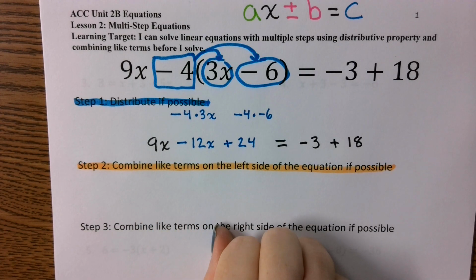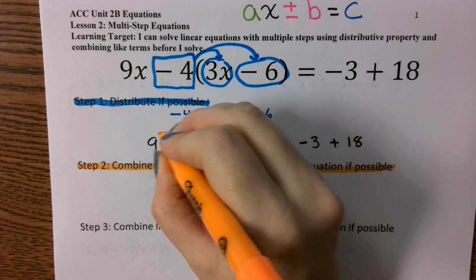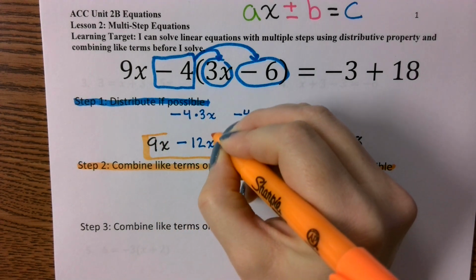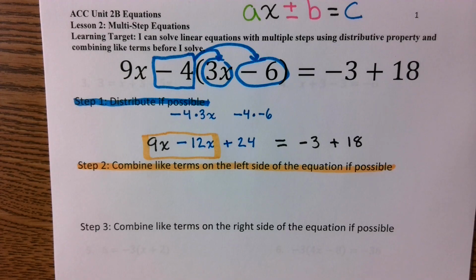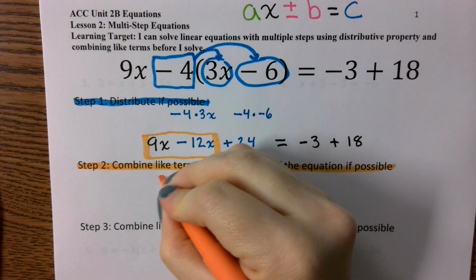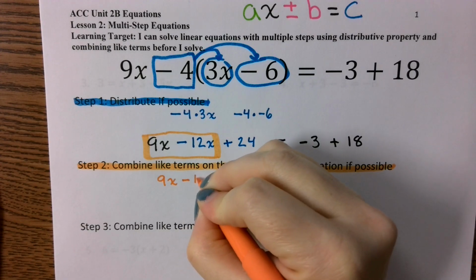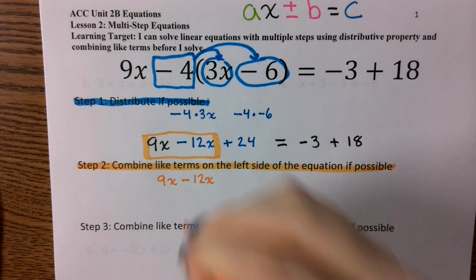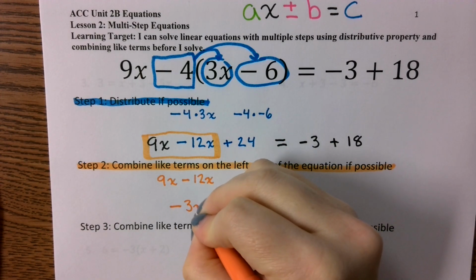Nathan? Good. We can combine together this 9x minus this 12x. That information can be simplified. So if we were to do 9x minus 12x, that's going to give us -3x.